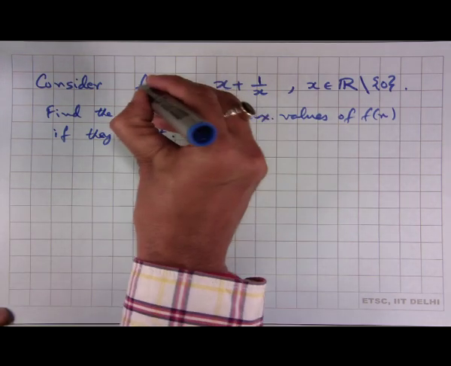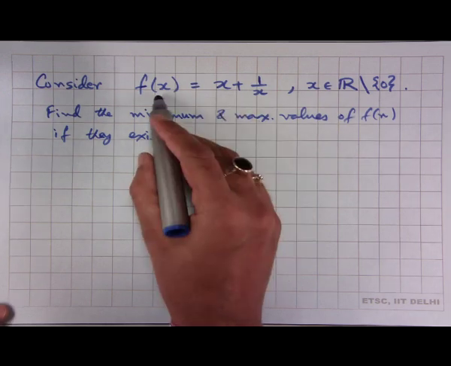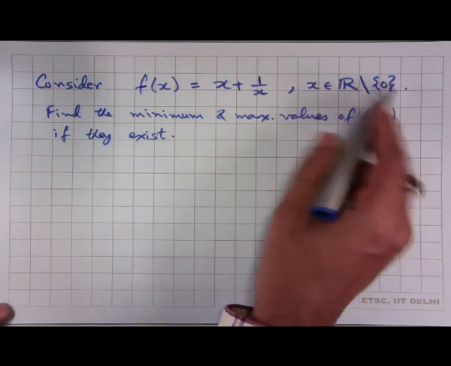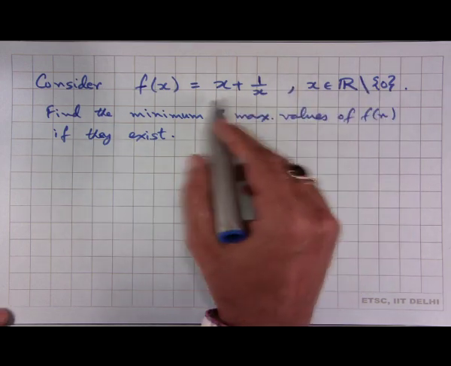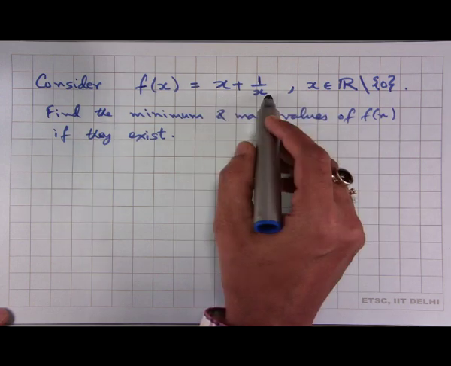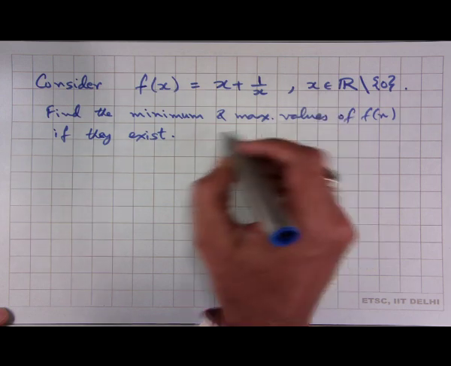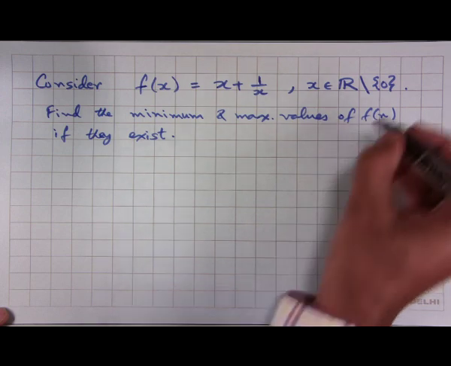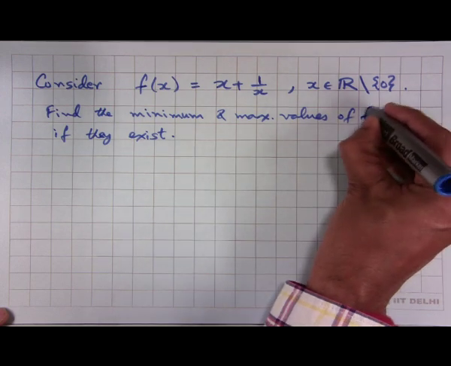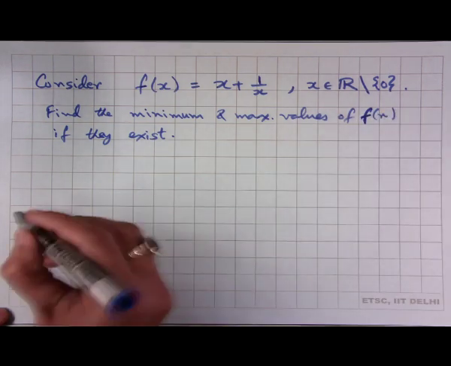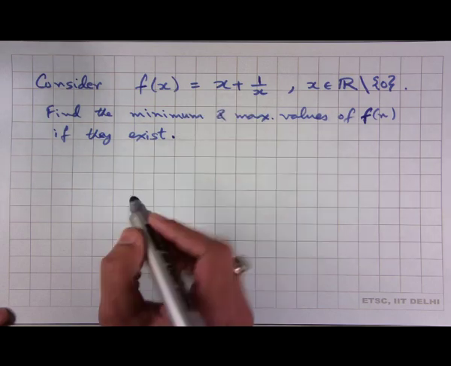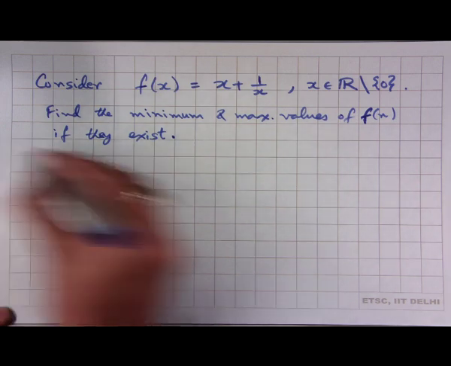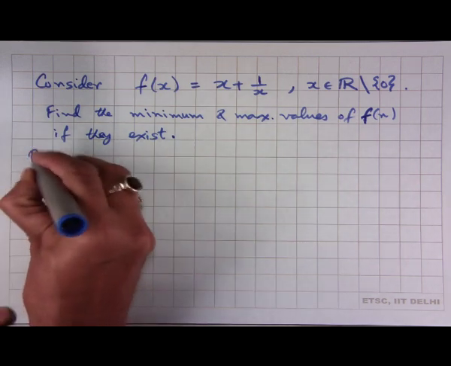So, first thing note that since this function f x equal to x plus 1 by x is defined for all real numbers except 0, we are not considering this function over a closed interval. So, we do not know whether these minimum and maximum values exist or not. So, if they exist, we need to find that. Let me write this as a remark.